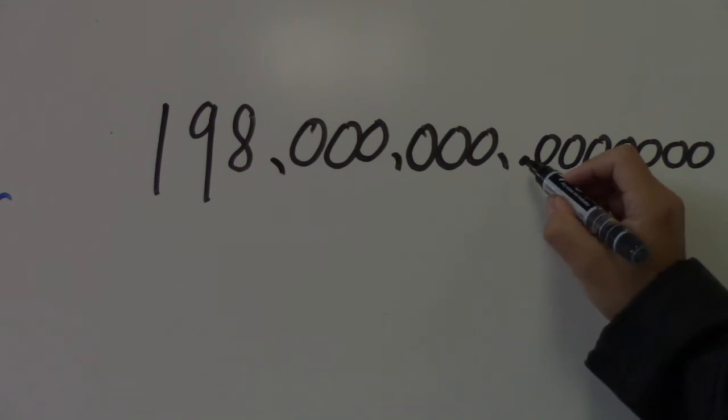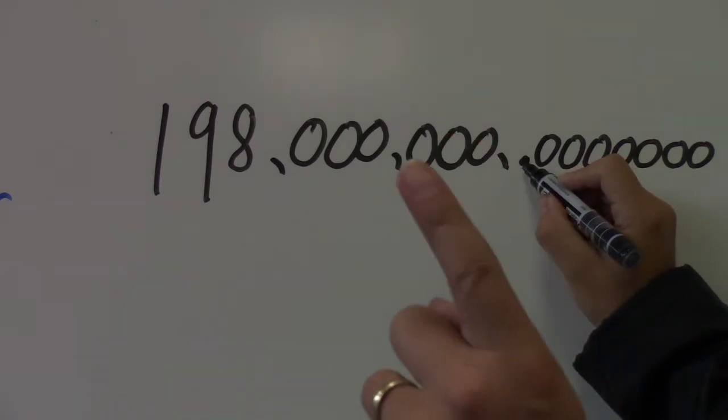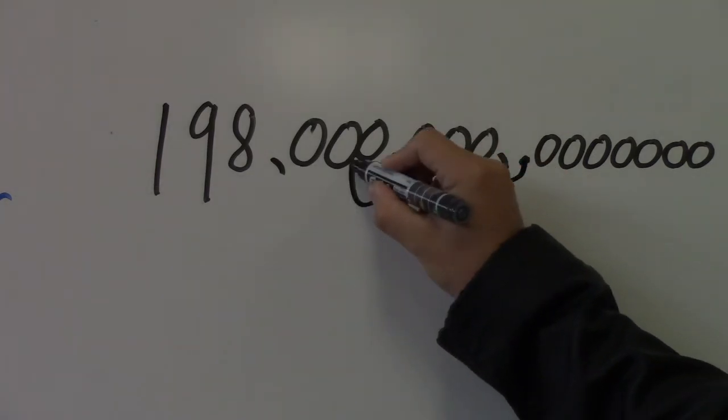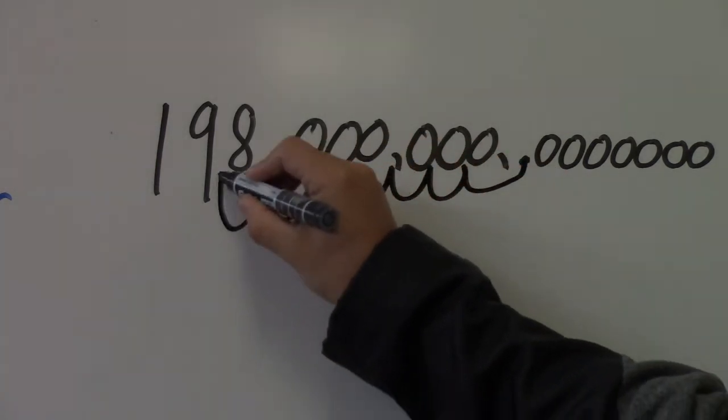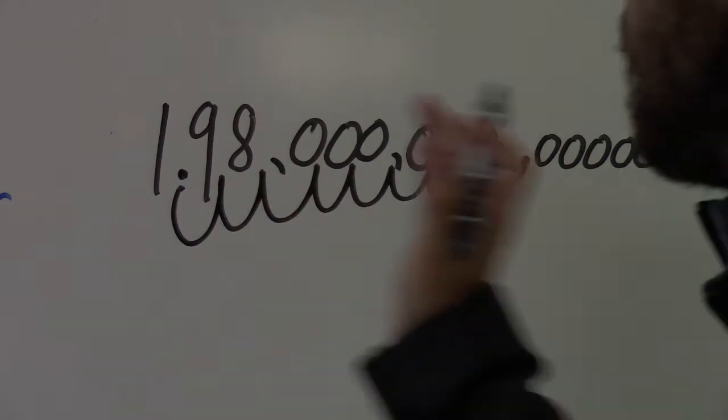I want to make it into the smallest number I can, so we only have a 1 point whatever. So let's move it 1, 2, 3, 4, 5, 6, 7, 8. We're going to move the decimal 8 spaces to the left.